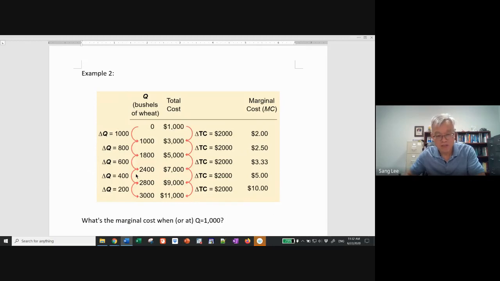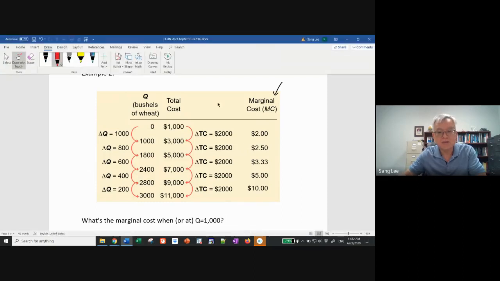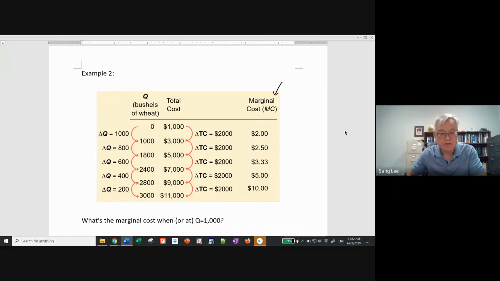Then here we have total cost. First, we can confirm that as the output increases, total cost increases. Why? Because variable cost increases, right? Now, let's figure out marginal cost. So first, when you increase output from 0 to 1,000, what's the change in output? 1,000, right?